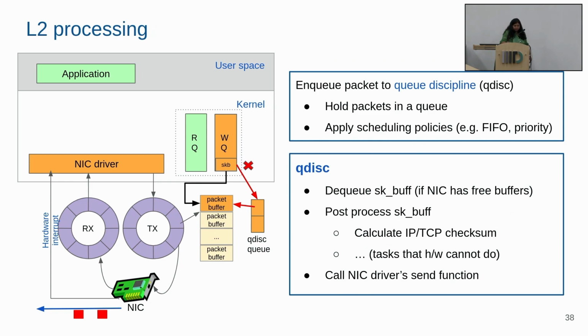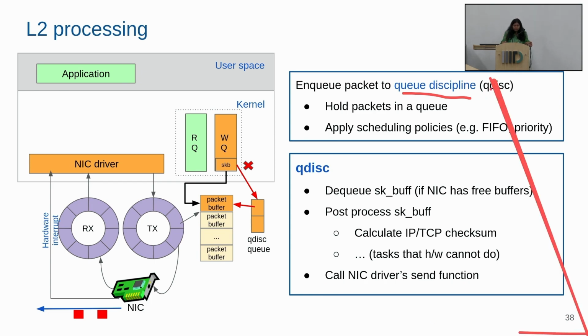So there is something called a QDisk. You will learn this during the hands-on session also. Before you send out the packet, what if you want to apply prioritization to the packets? You want to do some kind of packet scheduling before pushing the packets out. If you want that, there is a routine called the QDisk routine.